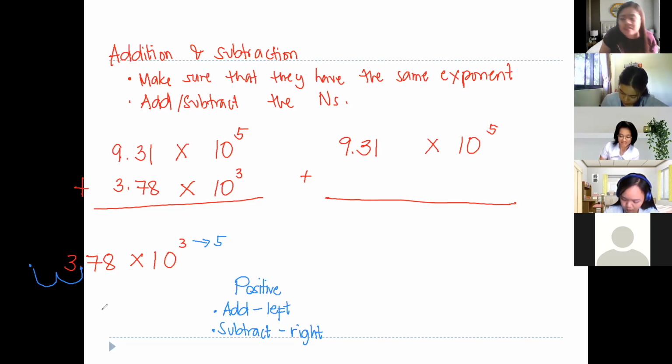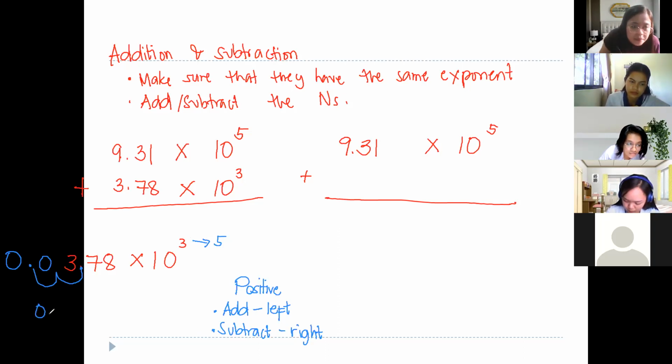We place the decimal here, and then we put a 0. We can put a leading 0 here before the decimal so it will be easier for us to add. So this becomes now 0.0378 times 10, and its new exponent is 5. Okay?